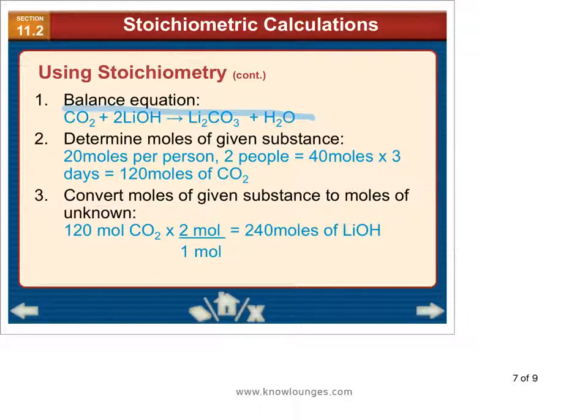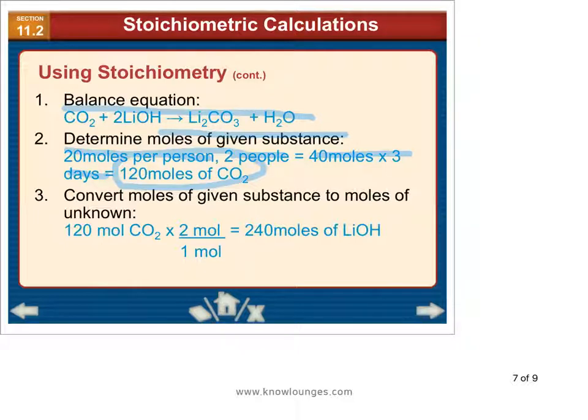Then we want to figure out the moles of our given substance. So we got 20 moles per person, 2 people gives us 40 moles per day times 3 days. So we got 120 moles of CO2.